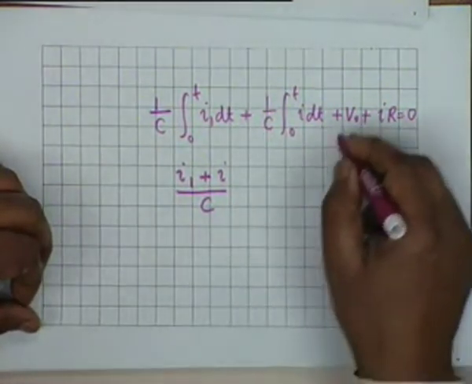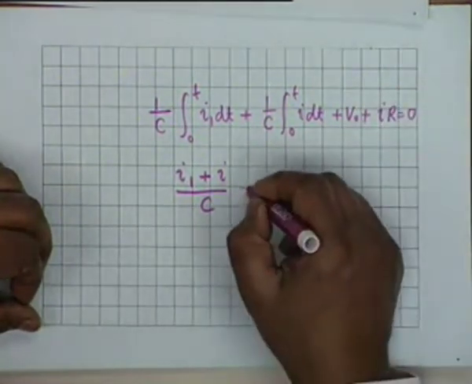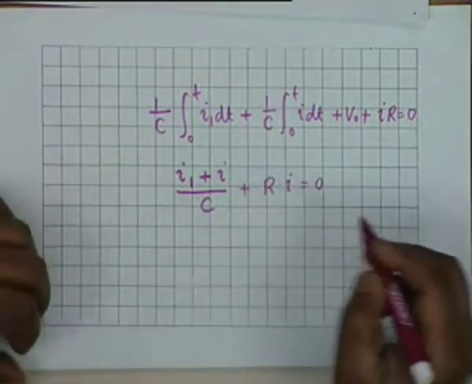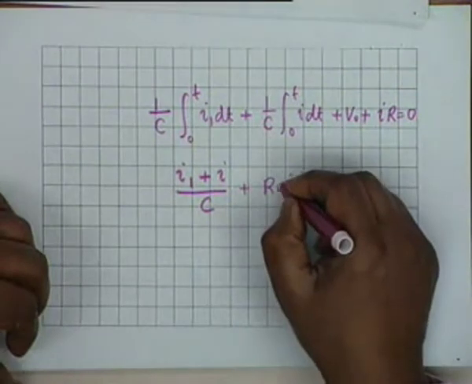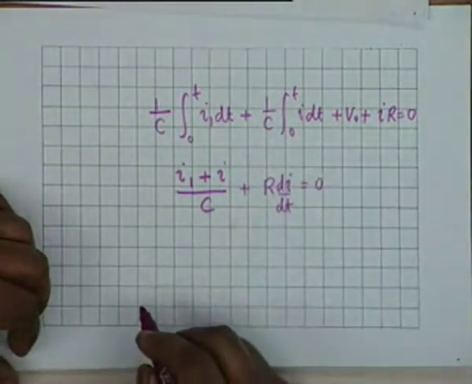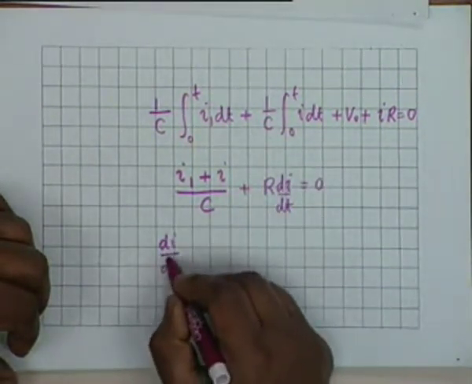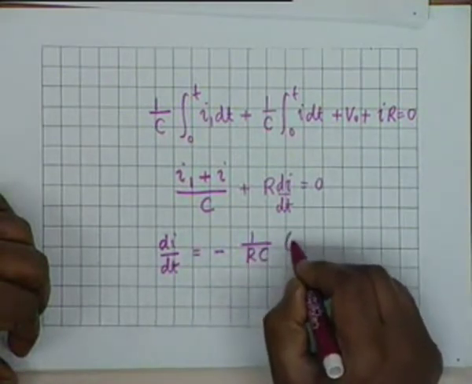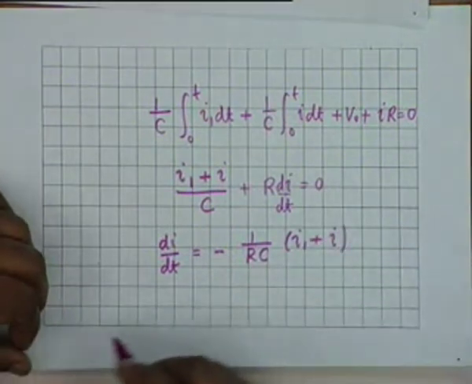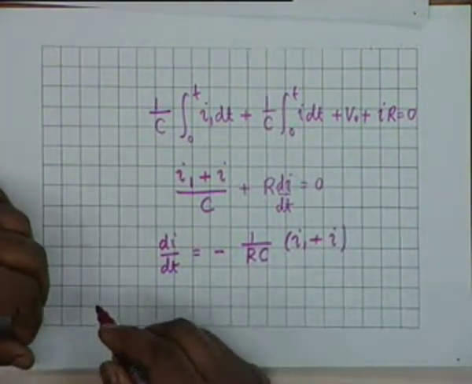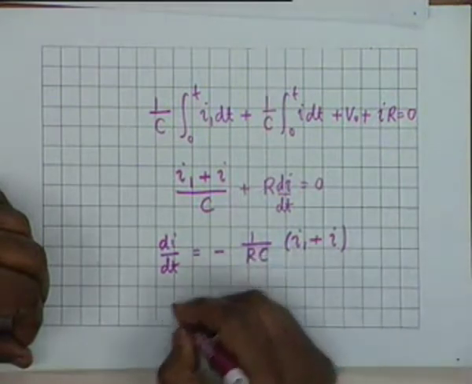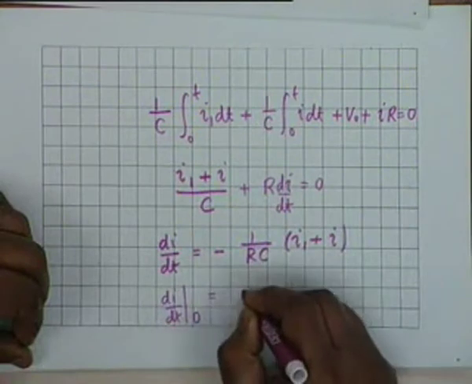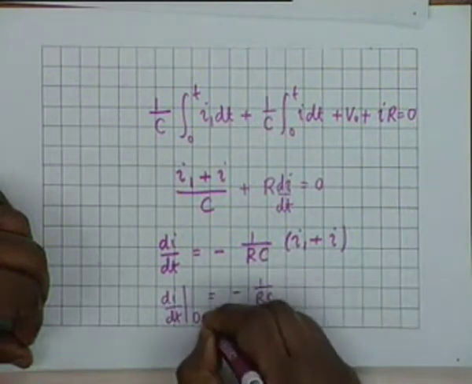Because you are differentiating, differential coefficient of V0 is 0, so plus R I equal to 0, which means R di dt. Thank you. And therefore di dt is equal to minus 1 over RC times I1 plus I. Is that clear? Now at t equal to 0, di dt at t equal to 0 plus is equal to minus 1 over RC, actually.